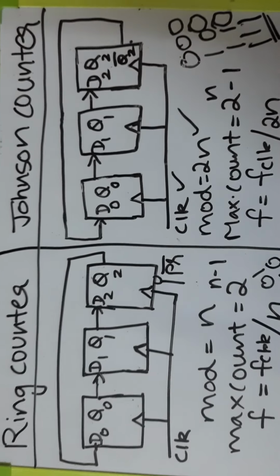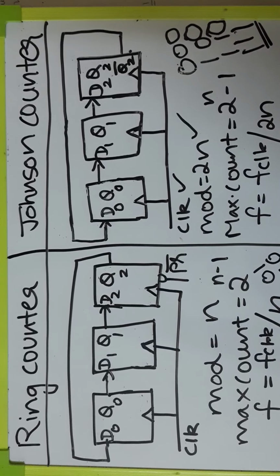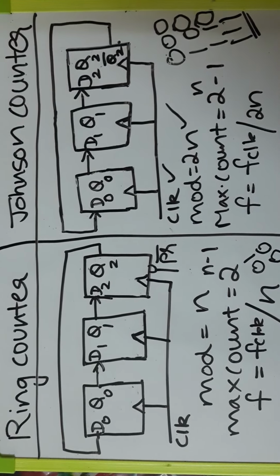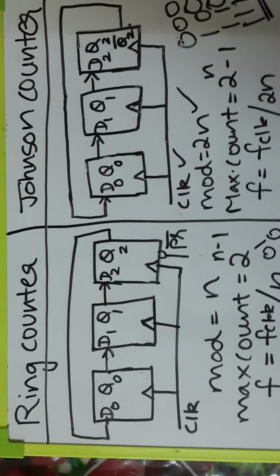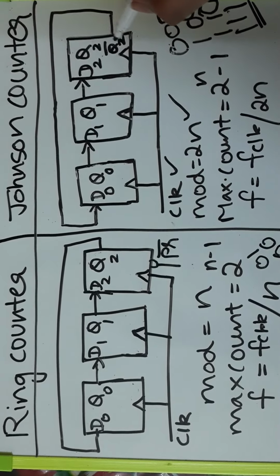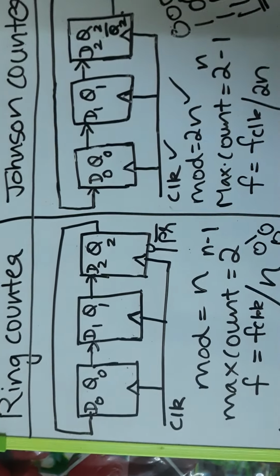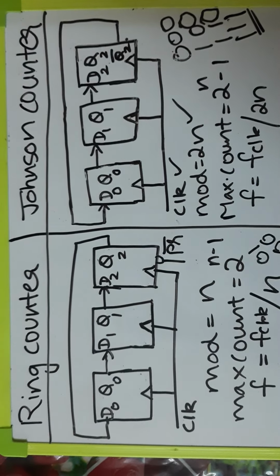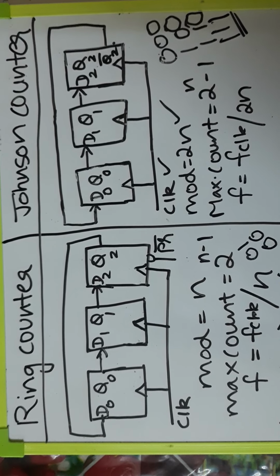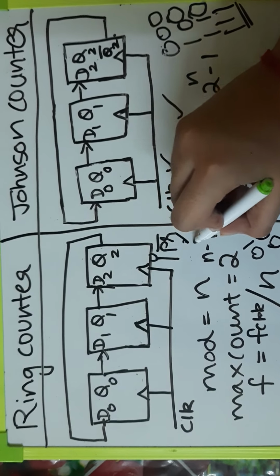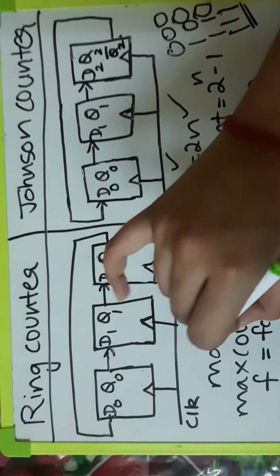So I hope the concept of ring and Johnson counter is clear. Just remember one small thing, that in the Johnson counter it is Q2 bar which is getting passed. And one more important difference is that the ring counter is not a self-starting counter. We have to give a value to preset bar to make it start.